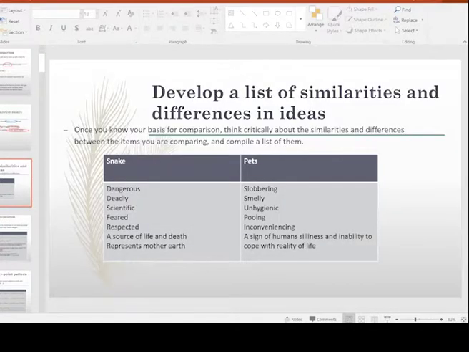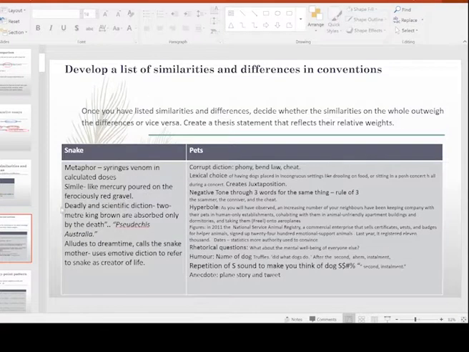So the first thing you should do when you're comparing is make a list of similarities and differences. And I've got some charts in these activity books for you. So if we were doing that text in section 1, I made this list of the differences between the two animals that were being represented. So the snake was dangerous, deadly, scientific, feared, respected, a source of life and death, represented Mother Earth, whereas the pets were slobbering, smelly, unhygienic, pooing, inconveniencing, a sign of human silliness and inability to cope with the reality of life.